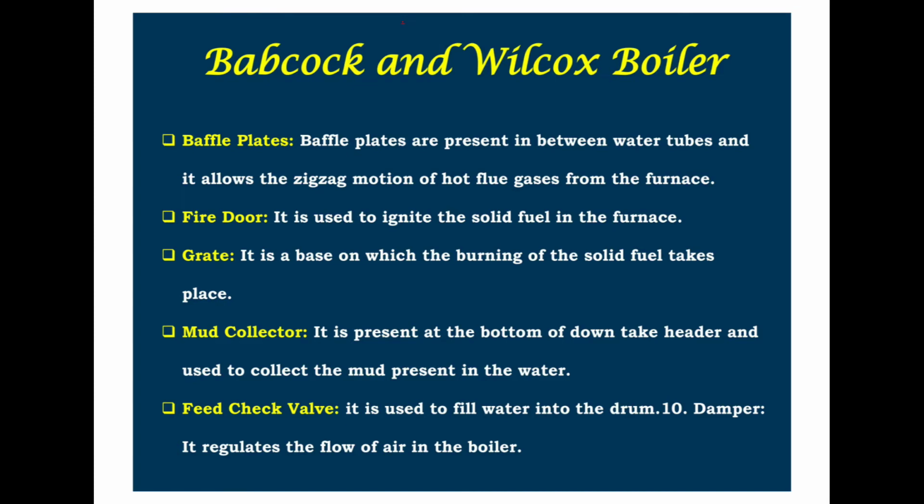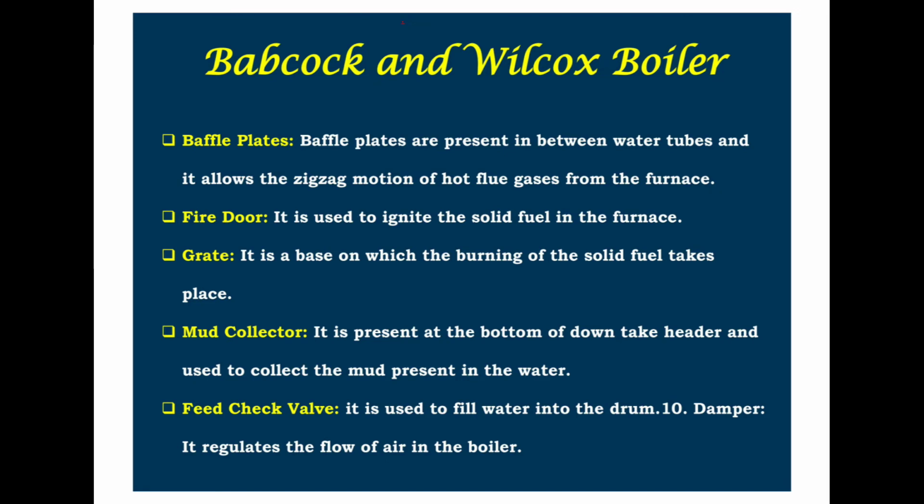Fire door is used to ignite the solid fuel in the furnace. Grate is a base on which the burning of the solid fuel takes place. Mud collector is present at the bottom of the downtake header and is used to collect the mud present in the water. Feed check valve is used to fill the water into the drum.